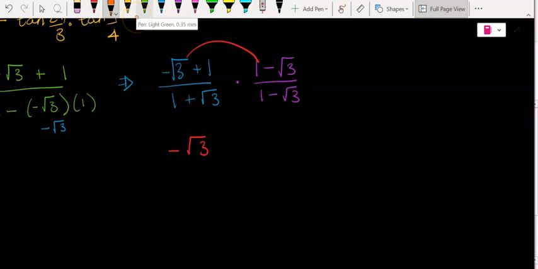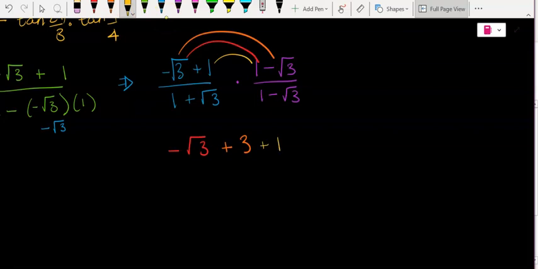And then I'm going to do negative square root 3 times negative square root 3, so that's going to get me positive 3. And then I'm going to do 1 times 1, so that gets me plus 1. And then I'm also going to do 1 times negative square root 3, so that gets me minus square root 3. So that's my entire numerator.